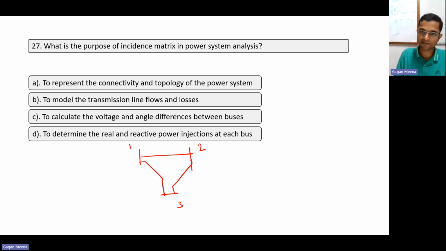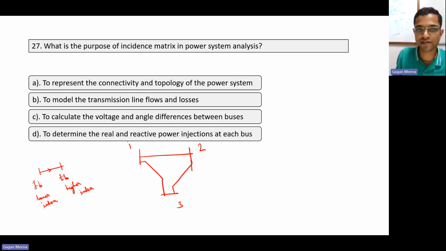Because a line is connected between from bus and to bus, generally the convention we take is that line is from bus to bus, and the from bus is the lower index and the to bus we consider as the higher index.